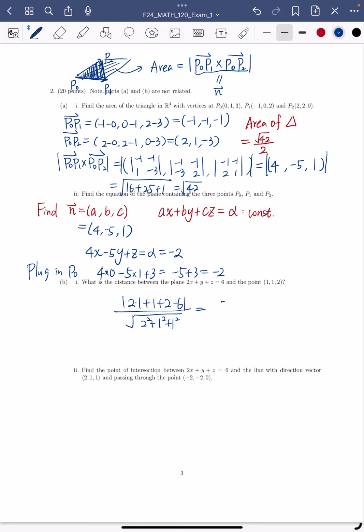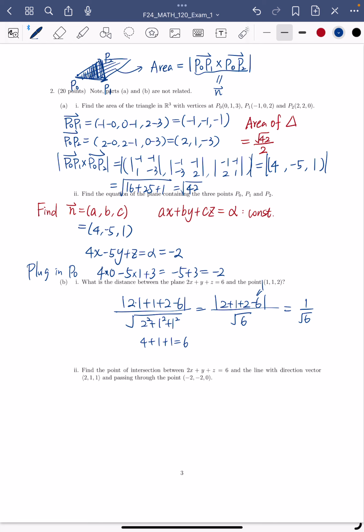So you get 2 plus 1 plus 2, which is 5 minus 6. And here's 4 plus 1 plus 1, I guess 6. So here you get 1, right? So 1 over square root of 6 is our answer.